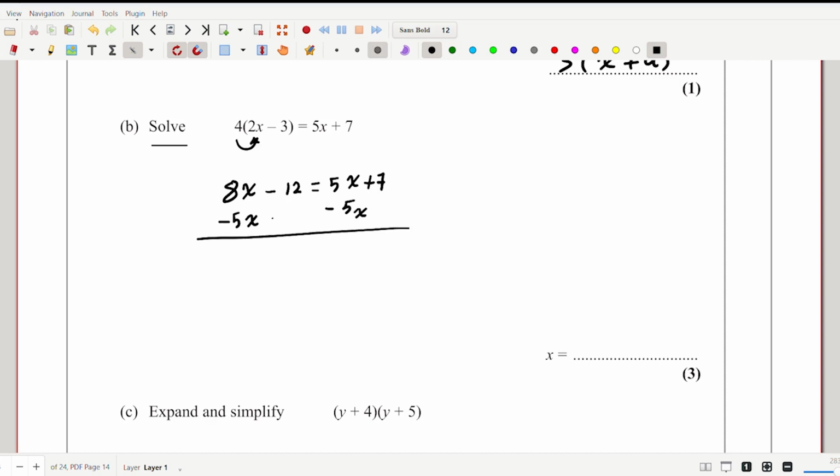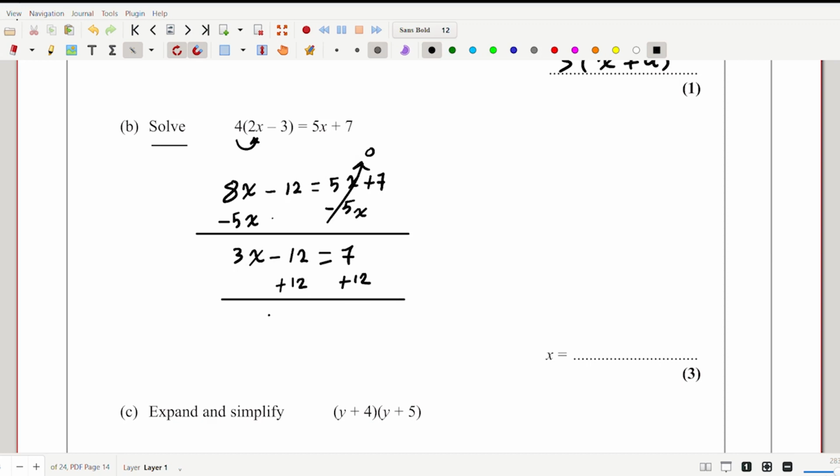Minus 5x on both sides, we get 3x minus 12 equals, this is 0, equals 7. Now plus 12 to both sides, we get 3x equals 19. That means x equals 19 over 3. So the answer is 19 over 3.